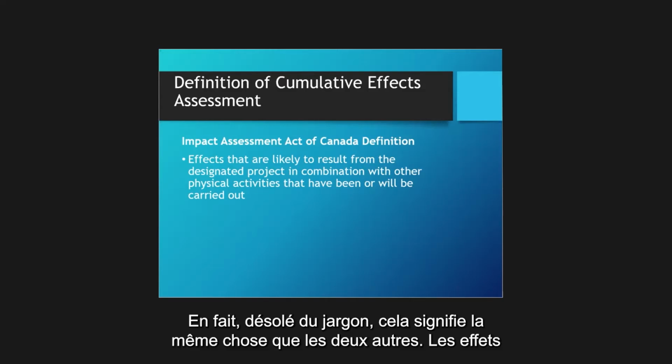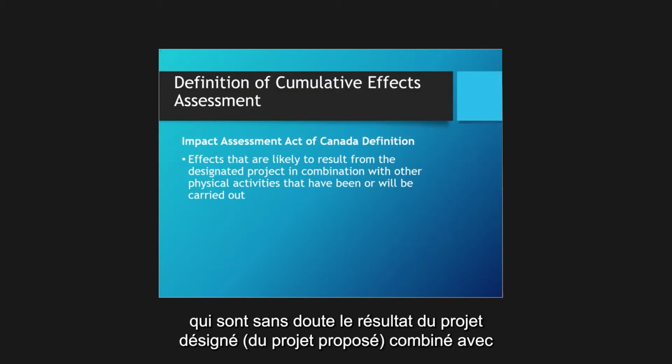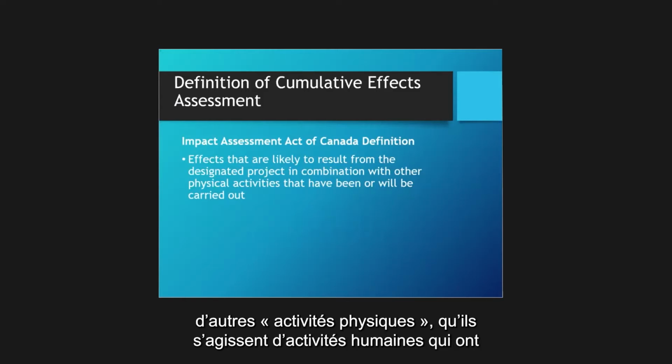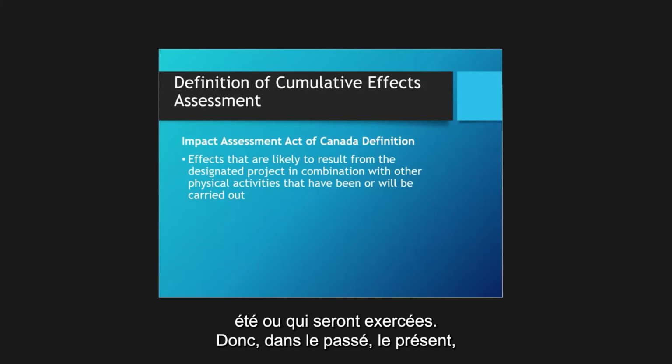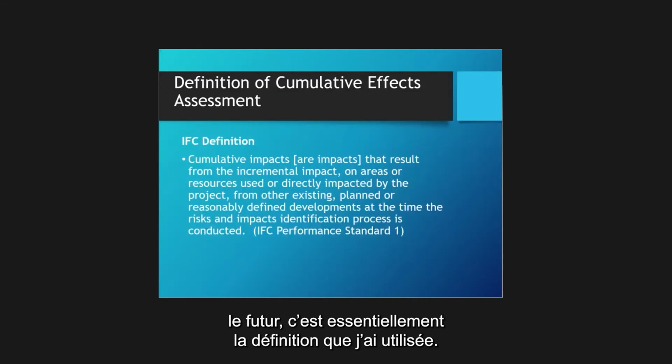Forgive the jargon in here, but it really means the same thing as the other 2. The effects that are likely to result from the designated project, from the proposed project, in combination with other, they call them physical activities, with other human activities that have been or will be carried out. So past, present, future. That's basically the definition that I used.